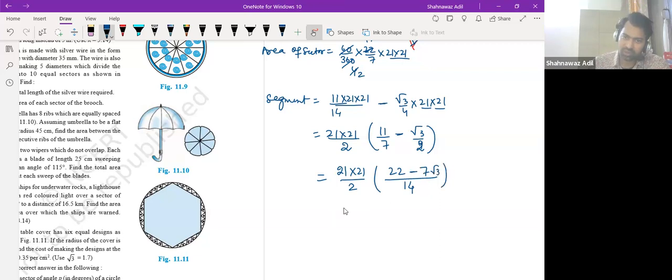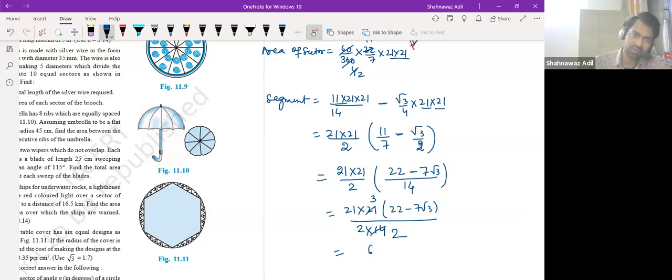So this is 21, 21, 7 root 3 divided by 2 into 4. 7 twos are 14, 7 threes are 21. So it's 63 by 4, and 22 minus 7. So we can keep this answer up to here. So that is it, right.